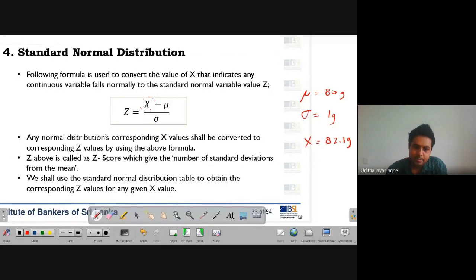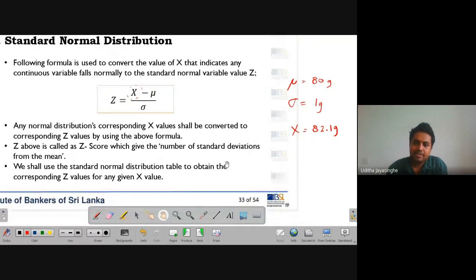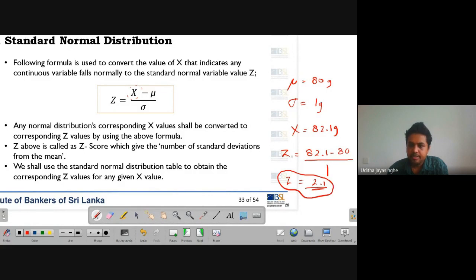To find the respective Z value of this event, you simply use the equation: 82.1 minus 80, divided by 1. 2.1 is going to be your answer. This is the Z value corresponding to this particular weight of 82.1.